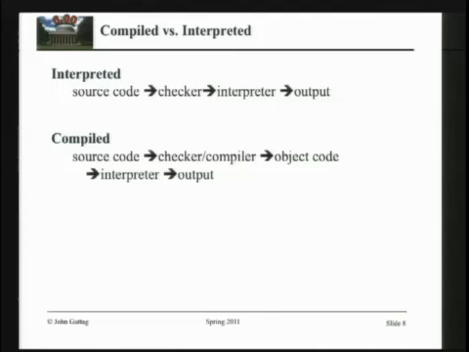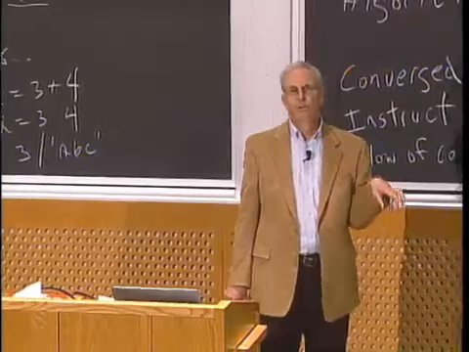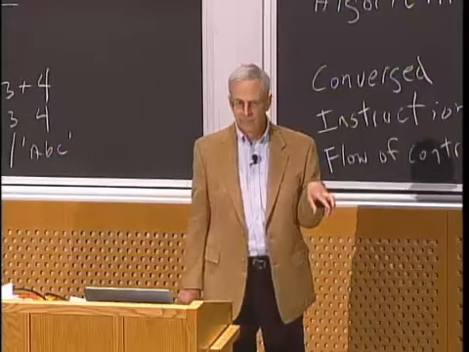On the other hand, the way a compiler works is you take the source code, you check it, but then you translate it into another language called the object code. This is a language closer to the language that the computer, the hardware, knows how to interpret.